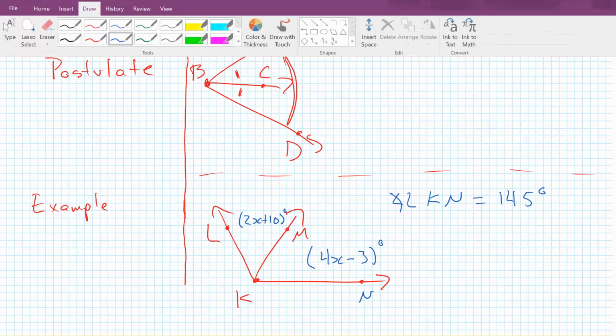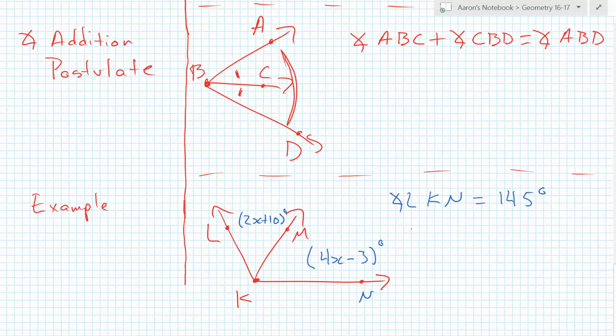So we know that angle LKM plus angle MKN equals angle LKN. We also know that angle LKM is equal to 2x plus 10 degrees.